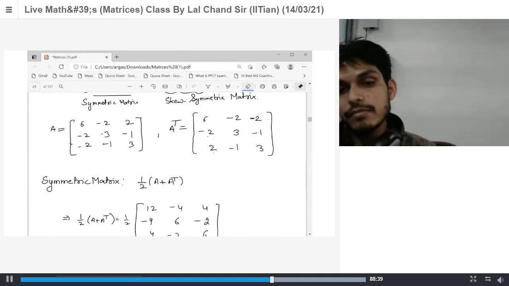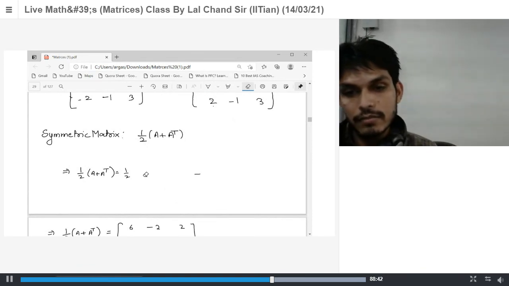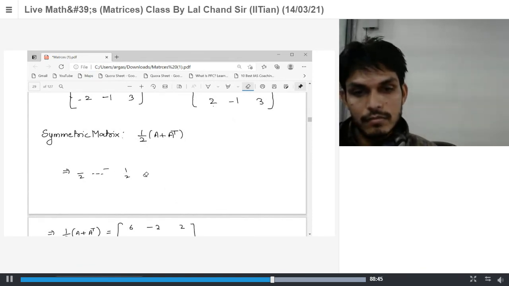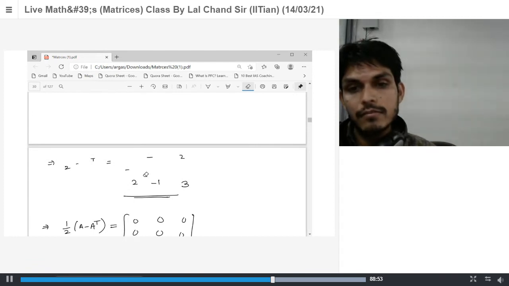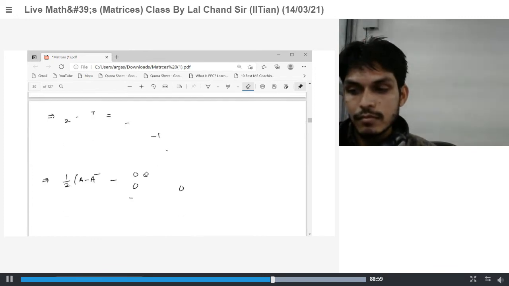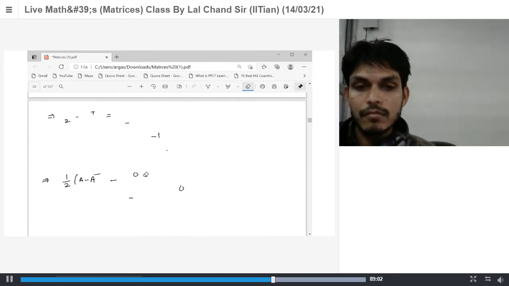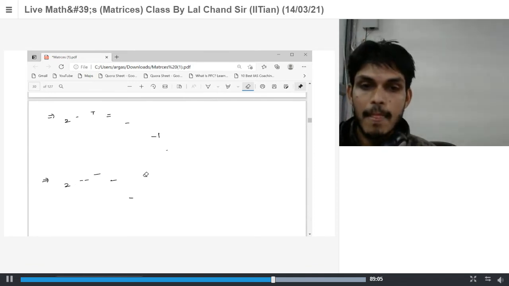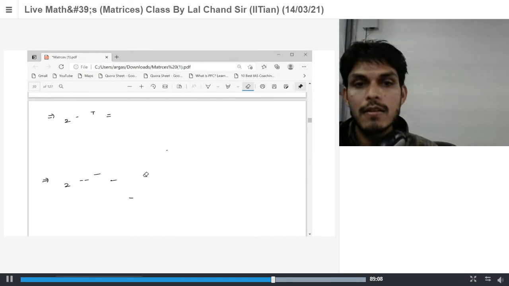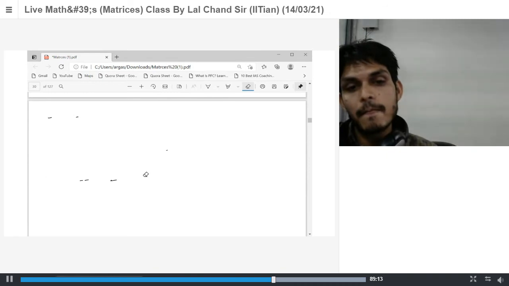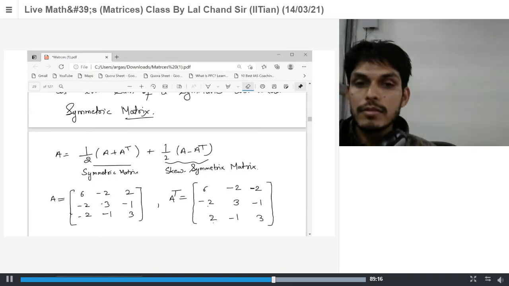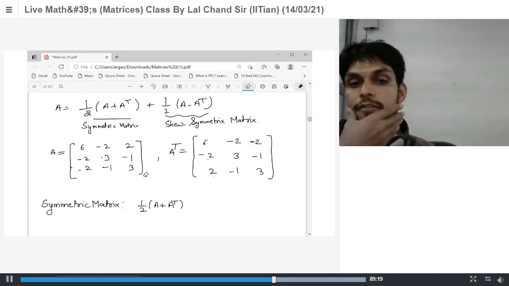Let us check again in this particular matrix. Okay. So if I check the transpose of this matrix, I have 6, minus 2, 2.